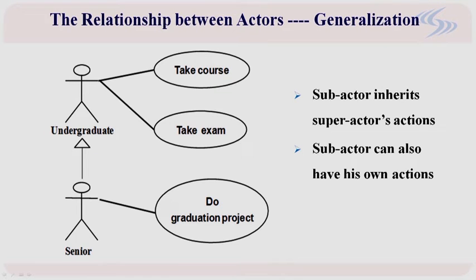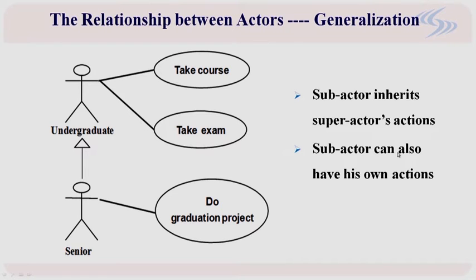It's quite similar to the inheritance between classes. Sub actor inherits super actor's actions. So that means senior will also take course and take exam, but the lines between senior and take course, take exam are not necessary, because senior has inherited the relationship between the use cases from undergraduate.